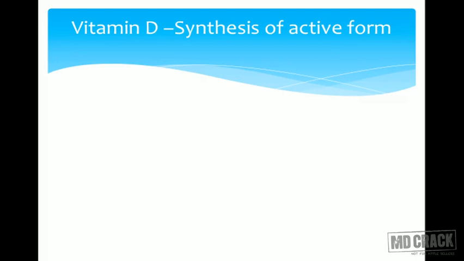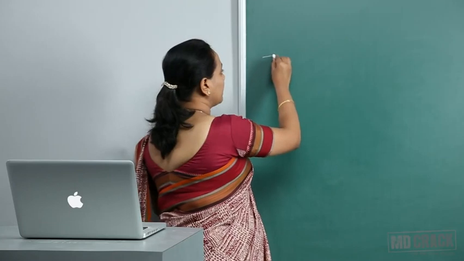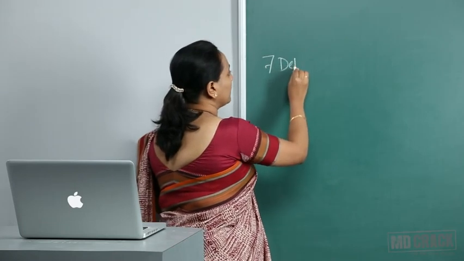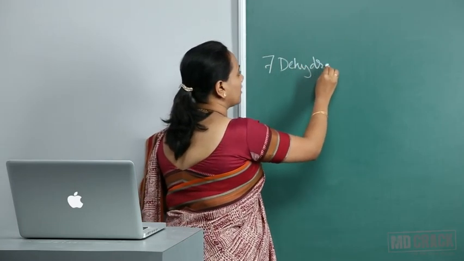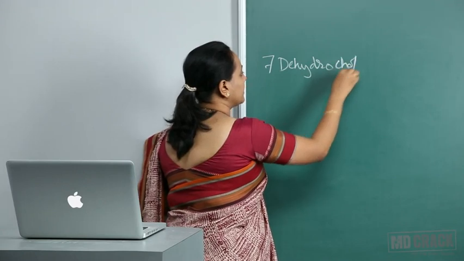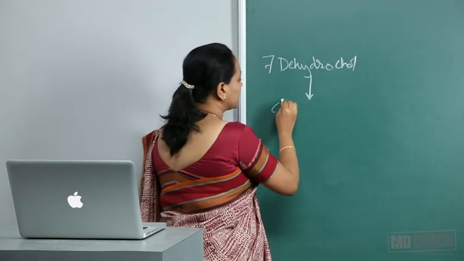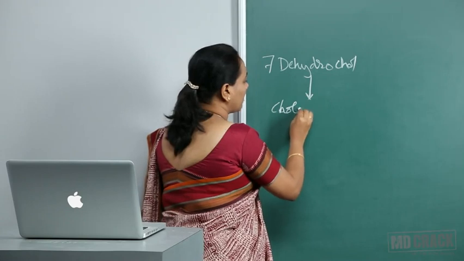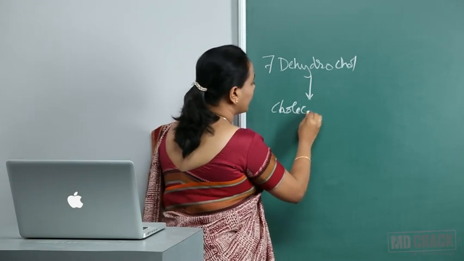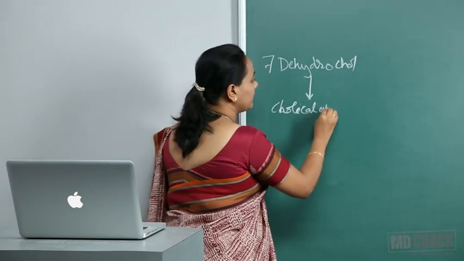So let us look at how it is synthesized. As I said, in the first step, it is 7-dehydrocholesterol. 7-dehydrocholesterol is converted to cholecalciferol. Where is this happening?